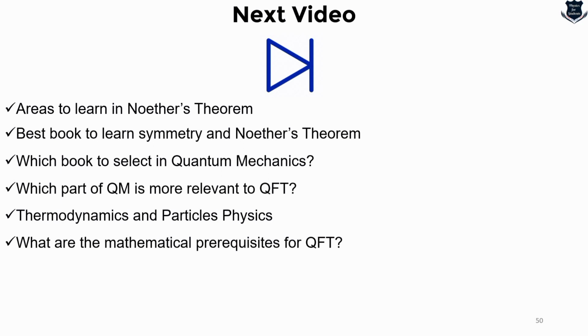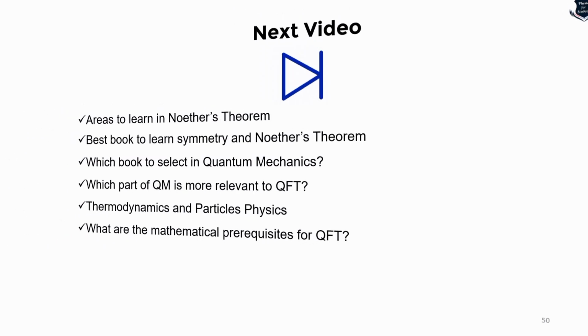Quite a large number of books are available, but which book you will select and which part of quantum mechanics is very relevant to quantum field theory, you need to read, but you need to emphasize certain parts. Thermodynamics and particle physics, what are the books, how will you read, and what are the mathematical prerequisites for quantum field theory. This will be part 3, because I am taking a step-by-step, baby-step approach in order to help you learn and understand quantum field theory.